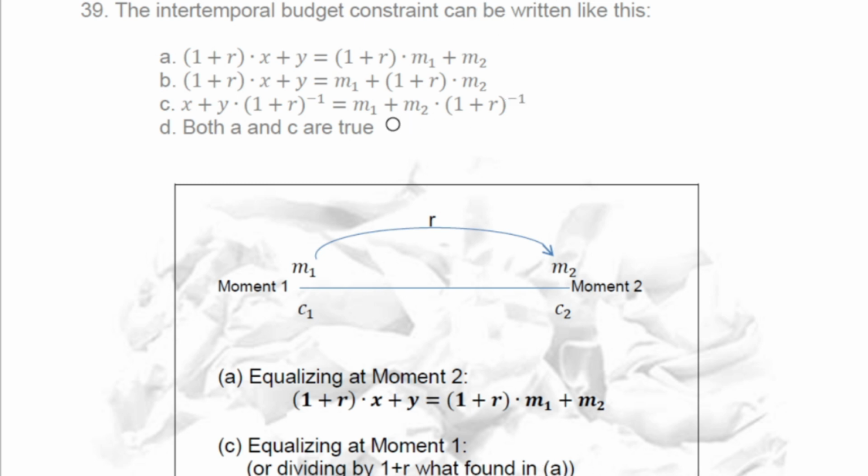So A and C are true. This C is a typical way many teachers give the intertemporal budget constraint. I suppose it's because of the present value concept. I prefer to know finance, and by knowing finance, have clear in your minds that we can equalize at the future, okay. So it's easier if we don't have this negative exponent or divisions, okay.